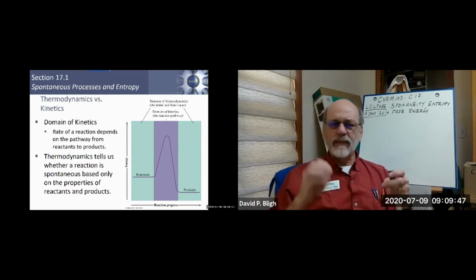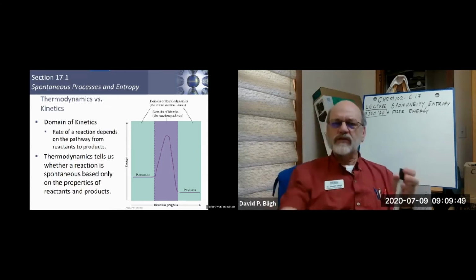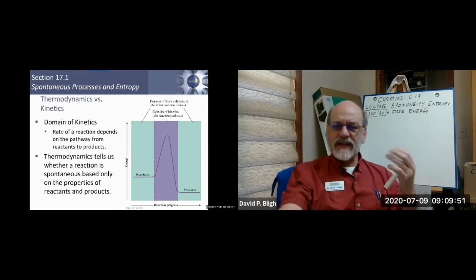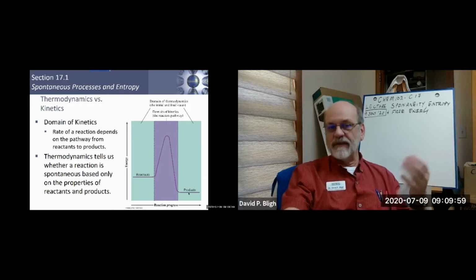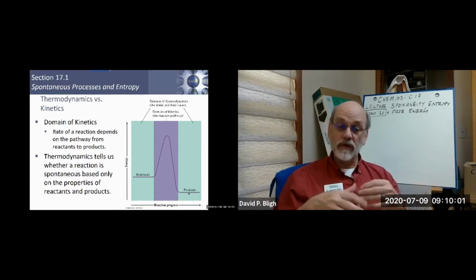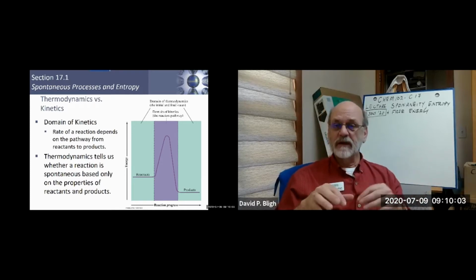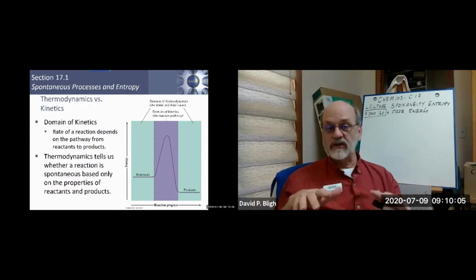Whereas thermodynamics is only concerned with what state the reactants are in, what state the products will be in, and you compare those two, and then you draw some conclusions about whether the reaction will proceed without any external intervention, in other words, spontaneously.